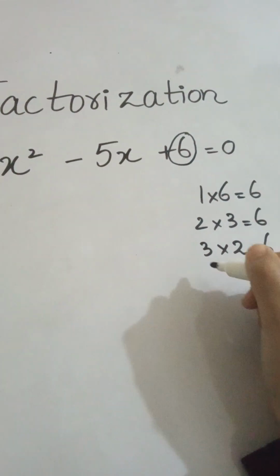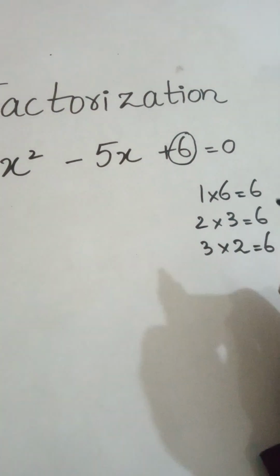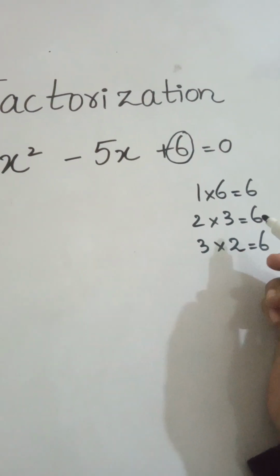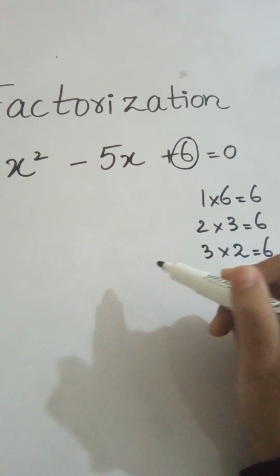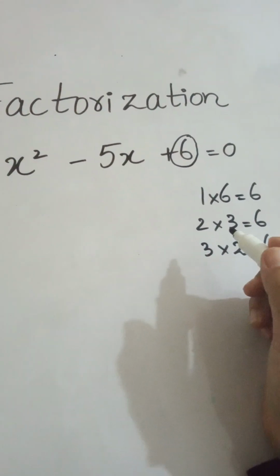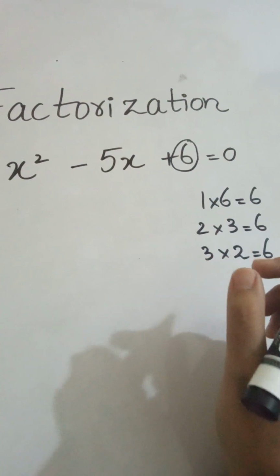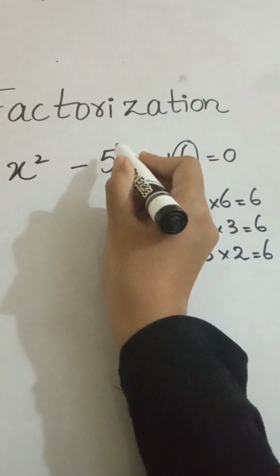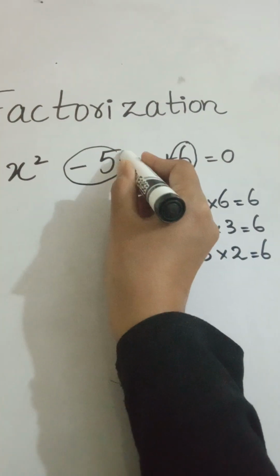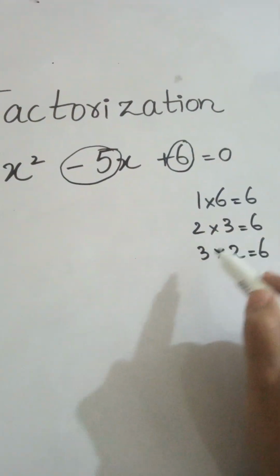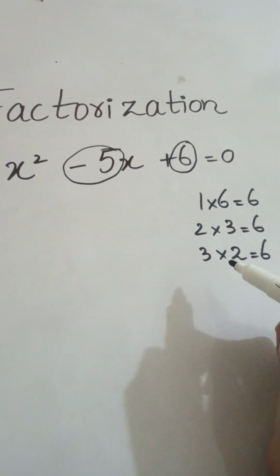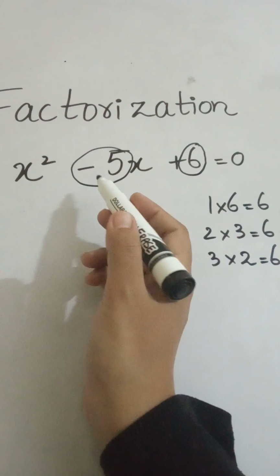There is no other table in which 6 is a multiple. So I have to pick one pair. I have to pick the pair that, when I add or subtract it, I will get the middle term. I'm repeating: I want to pick the pair from these three that, when I add or subtract that pair, gives me the middle term.